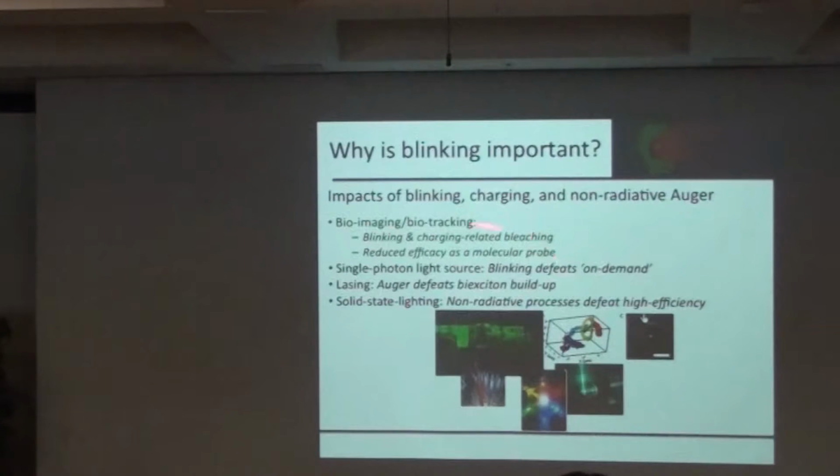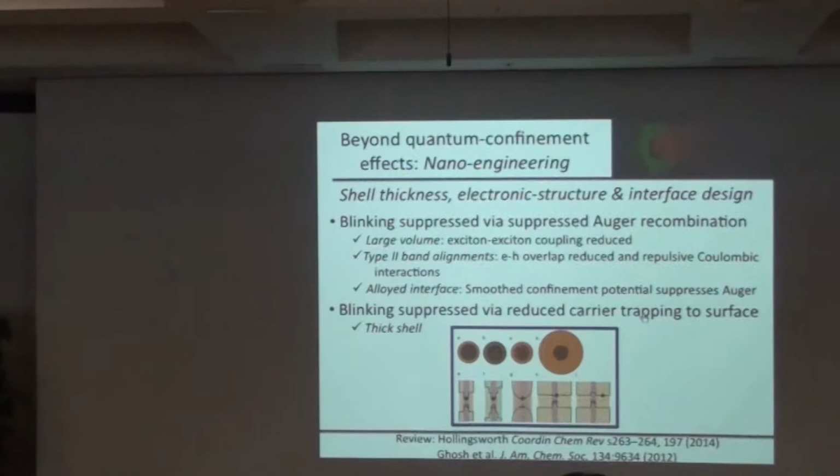Lasing, if Auger recombination is efficient, will defeat your need to build up biexcitons to achieve the regime of gain. So lasing is shut off. And then finally, solid state lighting. Any non-radiative process really defeats your ability to achieve high efficiency. So for all these reasons, we want to address these three issues of blinking, charging, and non-radiative Auger recombination.